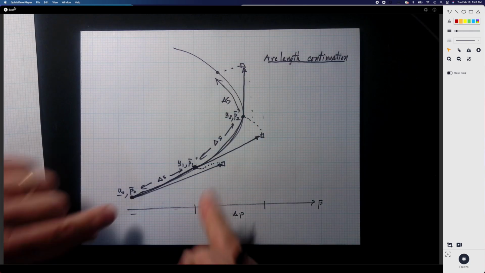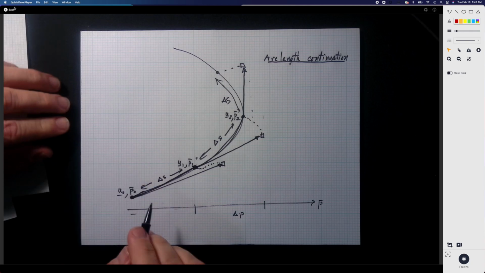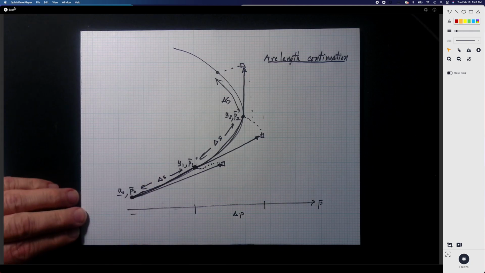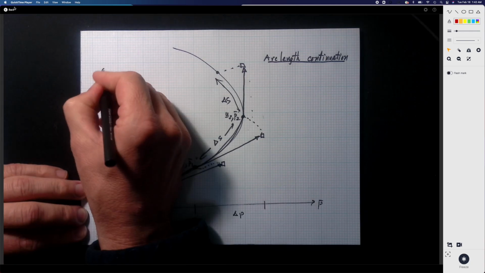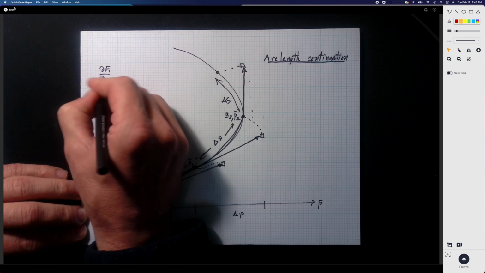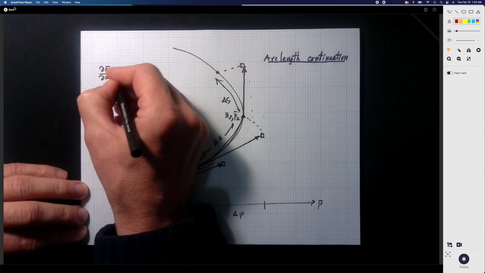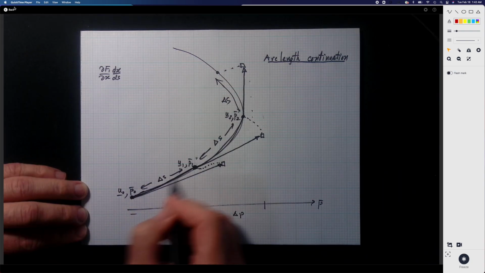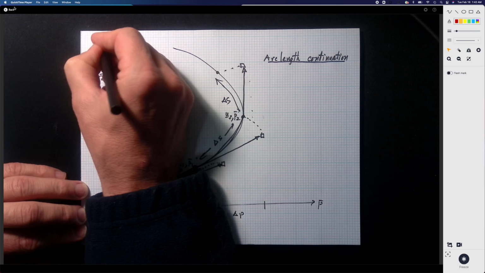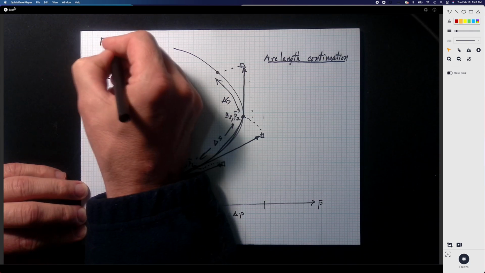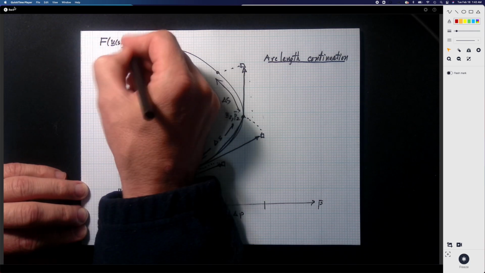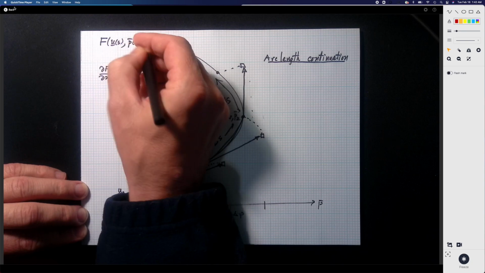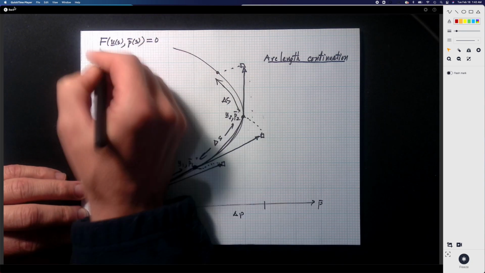And so how do we compute this continuation? Well, the condition we want is that df1 dx times dx ds. So we're going to introduce this arc length s. So our problem will now become f of u of s, p bar of s equals 0.